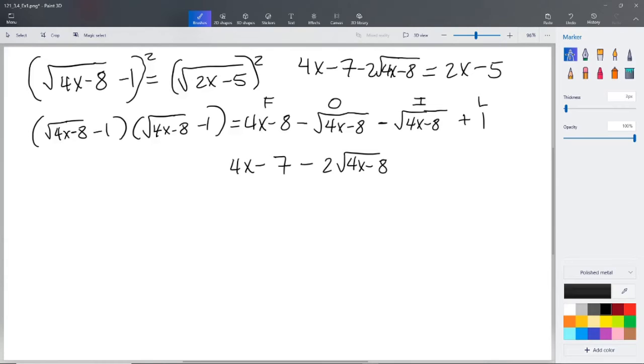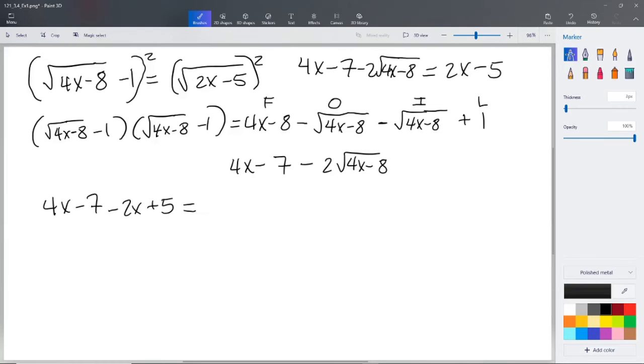Since this is a -2 in front of this radical, I'm going to take this entire radical and move it to the right-hand side, and take 2x minus 5 and move it to the left-hand side. So on this line, we had 4x minus 7 already on the left-hand side. I'm going to bring over the 2x, so it's minus 2x. I'm going to bring over the 5, so it's plus 5.